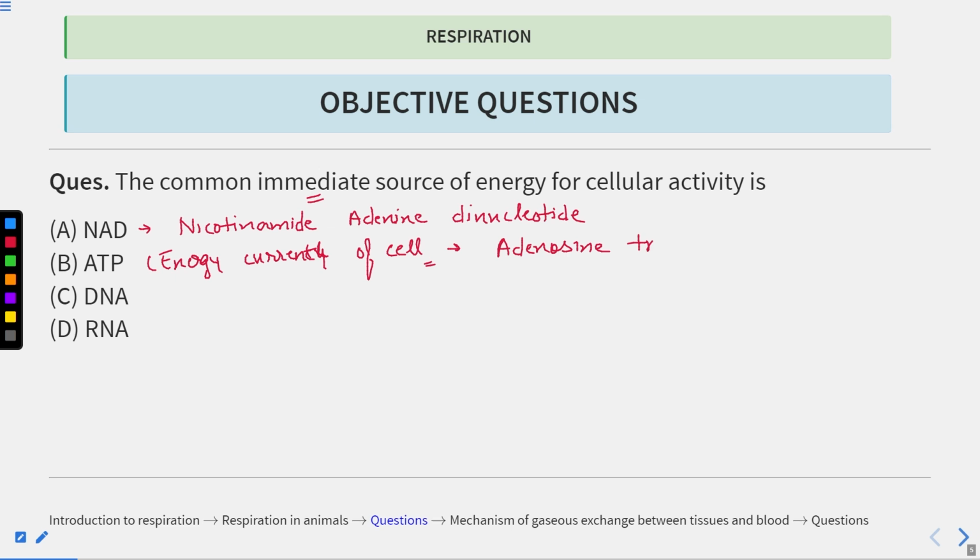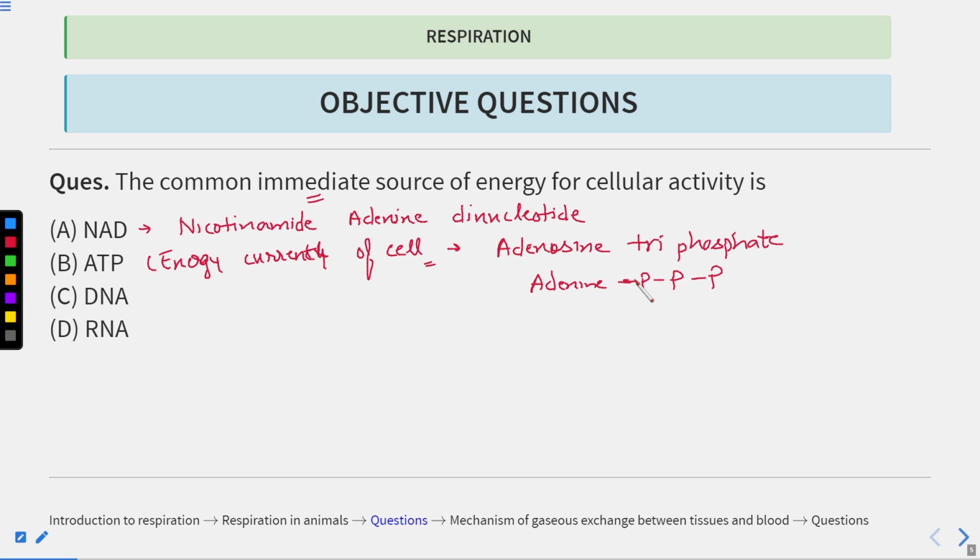Triphosphate means it consists of 3 phosphates: the first phosphate, the second phosphate, and the third phosphate, and the adenine group is present here.